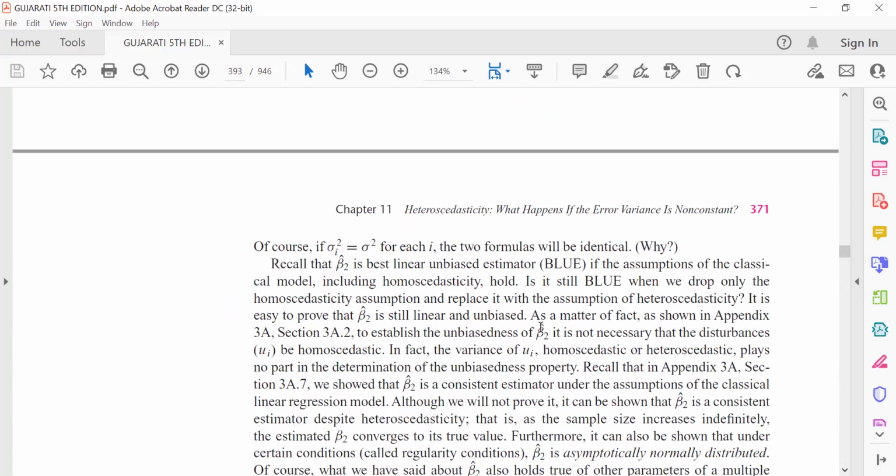In the presence of heteroscedasticity, we have a non-efficient estimator. It is still linear and unbiased, but it is not efficient.